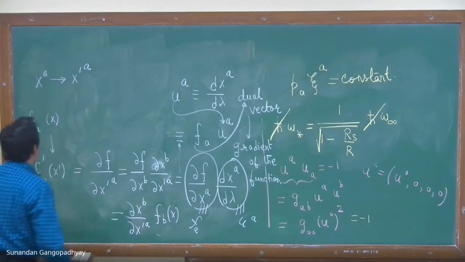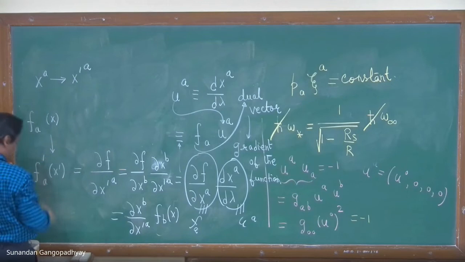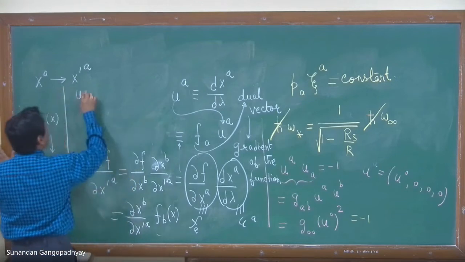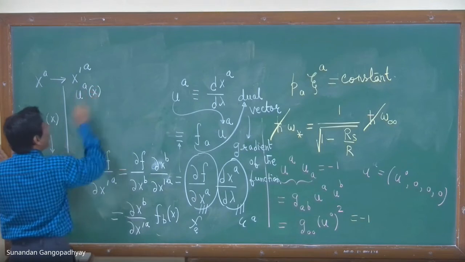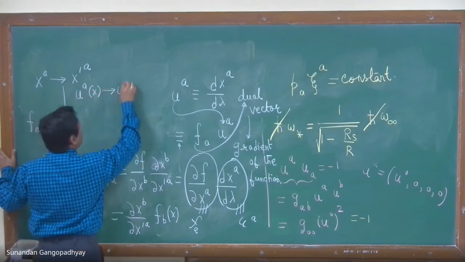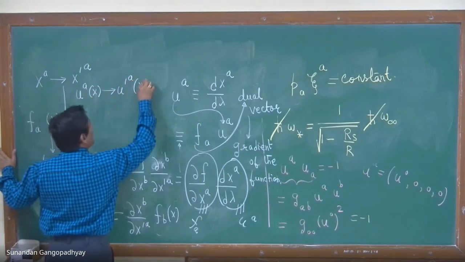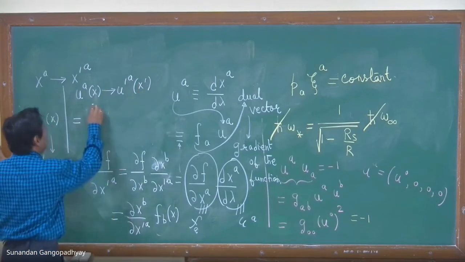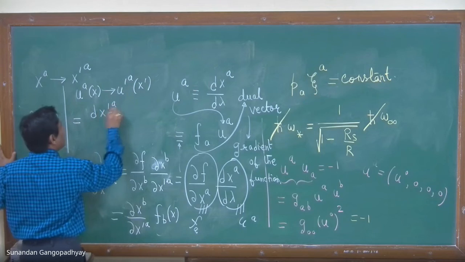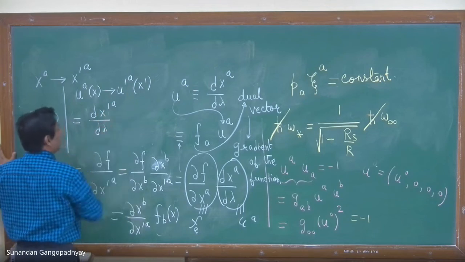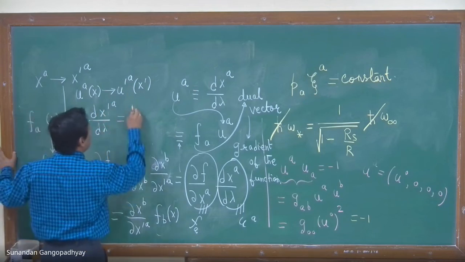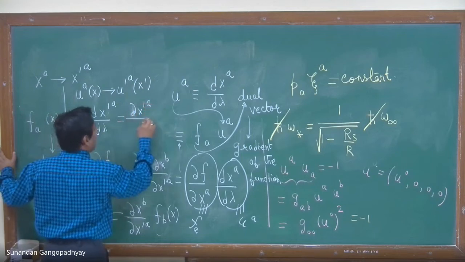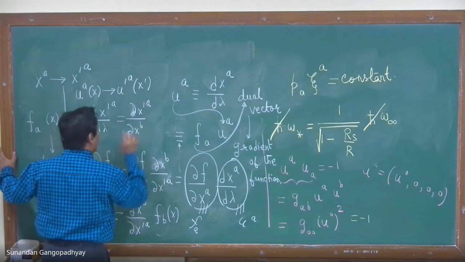Let us now, under the same transformation, look at what U a is. How does U a transform? U a as a function of x transforms to U prime a as a function of x prime. That is equal to d x prime a d lambda, which is equal to del x prime a del x d times dx d d lambda.